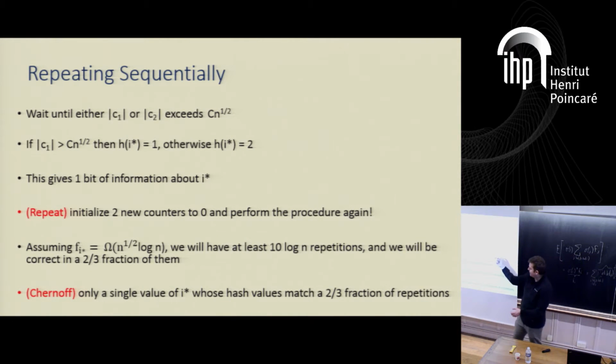Right? So we're saying this bucket is larger, now this bucket is larger, now this bucket is larger. There's only going to be a single item which agrees with a 2/3 fraction of those, and that will be I star. Everyone else is going to, in expectation, agree with half of those. Okay, we have log n repetitions. We can union bound over all items. So this is the idea behind repeating sequentially.